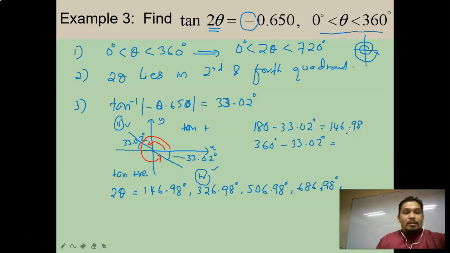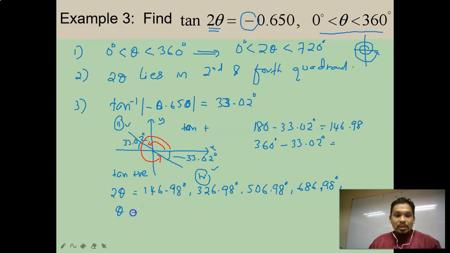So the same process goes to the third one and the fourth one: 360 plus 180 is 540, and 540 minus 33.02, then you get this one here.